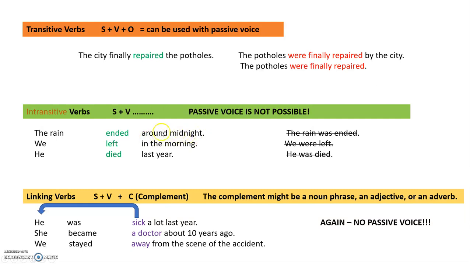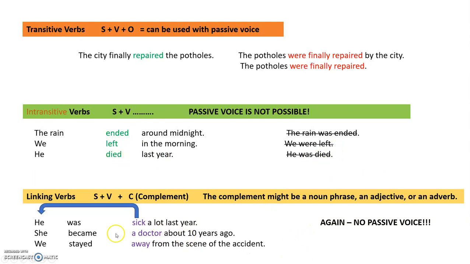This is not an object here. This is a prepositional phrase. So there's no object that comes after ended. This sentence cannot be passive. So these examples on the right are not possible. We left in the morning. He died last year. Only active voice is possible, not passive.